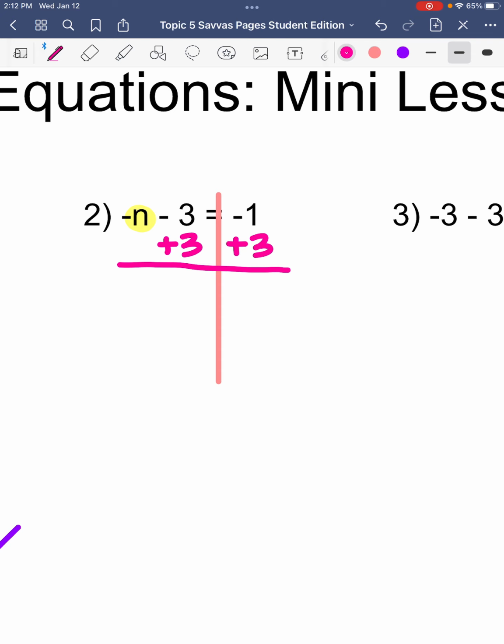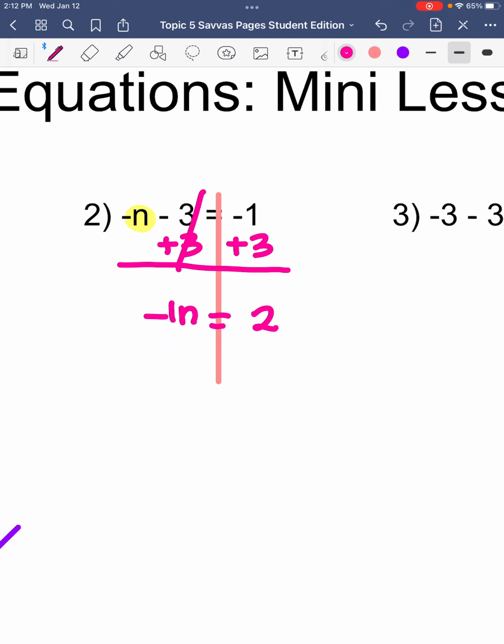So on the side with the n, my 3's will cancel out, and I'm left with -n. On the other side, I have -1 plus 3. Because I have integers with different signs, I'm really subtracting. 3 minus 1 is 2, and my bigger number was positive, so I know that my 2 is positive. Now, it looks like my n is by itself, but it's not by itself. Because it has that negative in front of it, I have to think of that as a -1 attached to it.